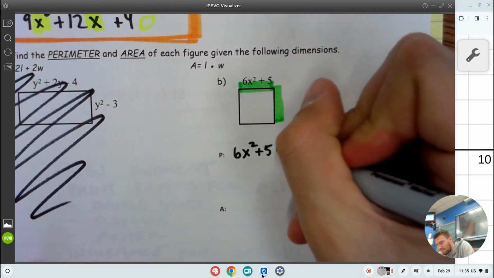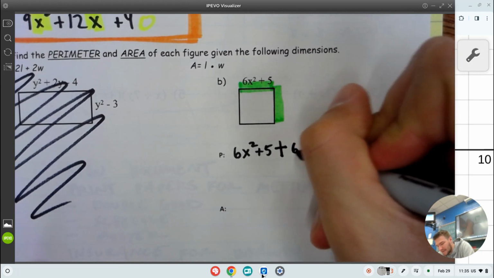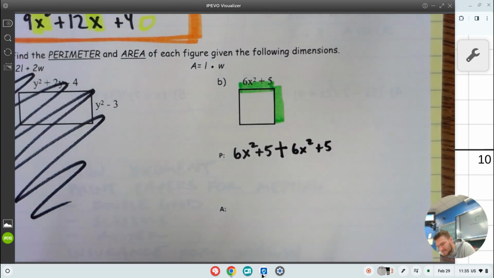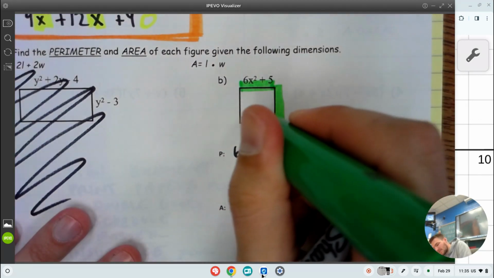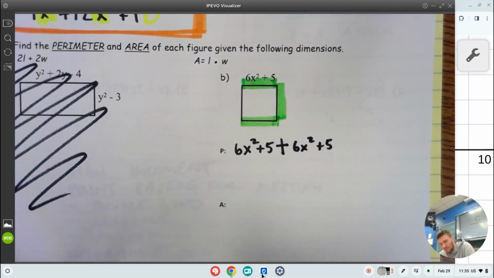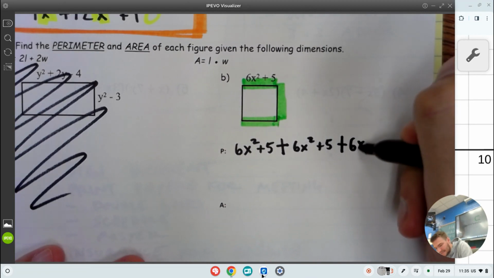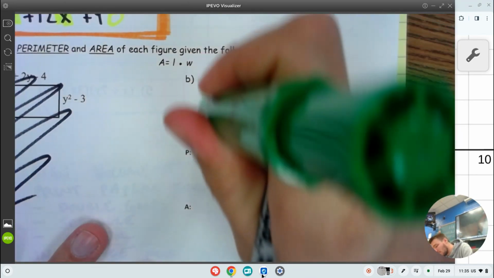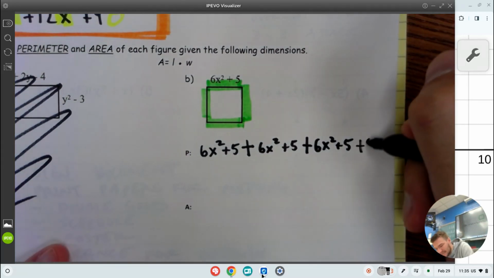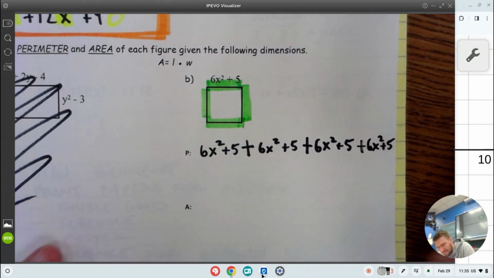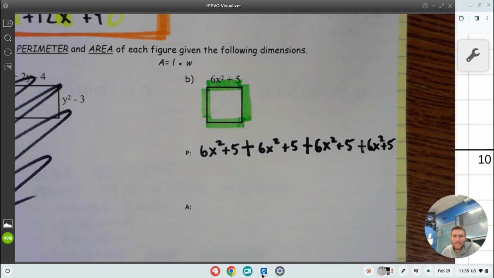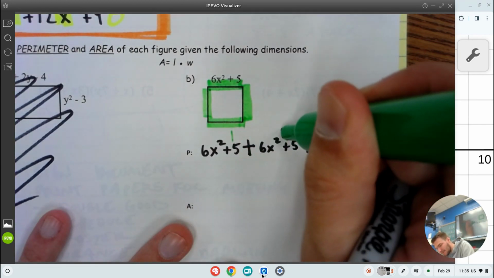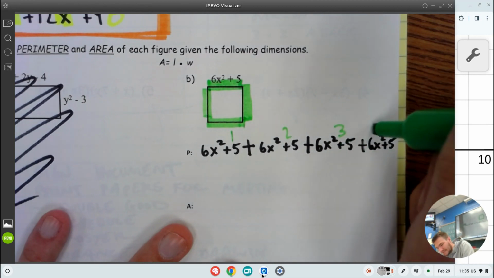So plus, same thing, 6x squared plus 5. And I'm going to add another one, plus 6x squared plus 5. And I'm going to add one more, because there's 4 sides, 6x squared plus 5. Right? That's side number 1, side number 2, side number 3, side number 4.